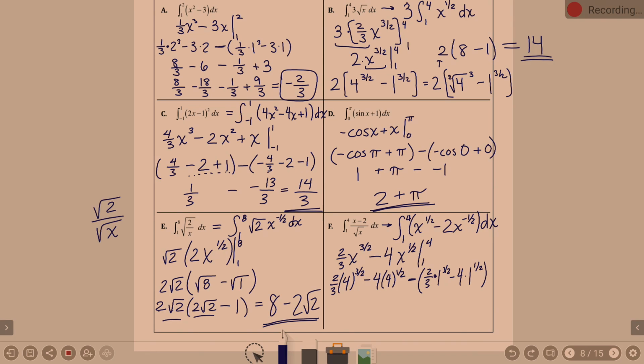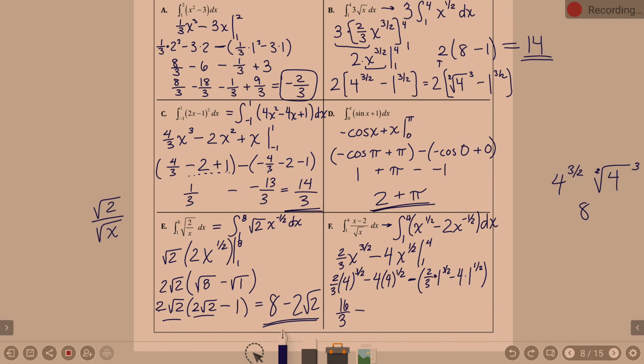Okay. On this 4, are you guys good with 4 to the 3/2? It's the square root of 4, which is 2, cubed, which makes it 8, right? And then you're doing 8 times 2/3, so 16/3.